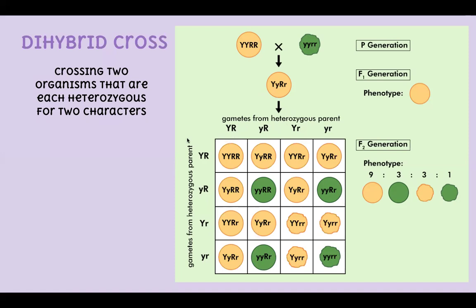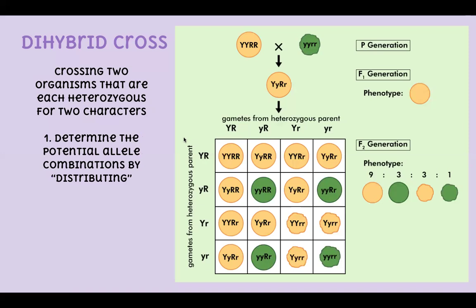All that is to say that this is as complicated as the dihybrid cross will get. Okay? Now, solving a dihybrid cross is just like solving a monohybrid cross, except there's one extra step in the beginning. And that is the step where we have to distribute. What we mean by distribute is to determine all the potential allele combinations, meaning all of the ways the Ys compare with the Rs. This is because of the law of segregation, right? And the law of independent assortment.